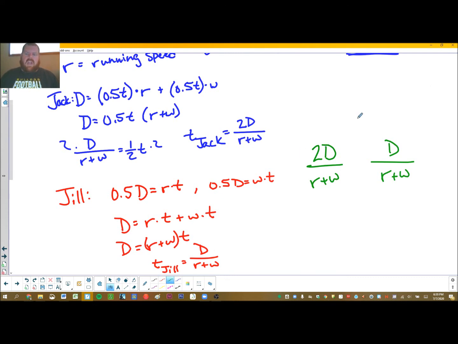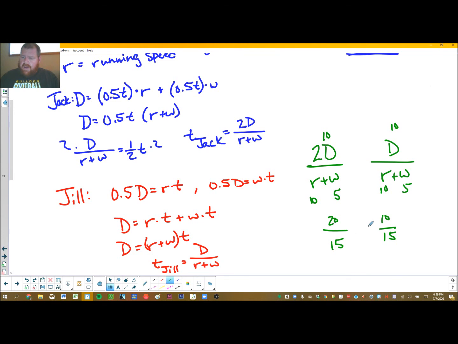Let's say that we're going to go on a 10-mile run, and the running speed is 10 miles an hour, walking speed 5 miles an hour. And this is just to test it out, see which one's which. Maybe you know which one's which, and that's great. This becomes 20 over 15, and this becomes 10 over 15.